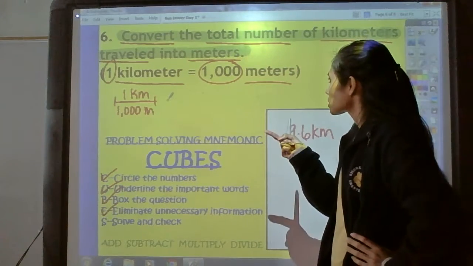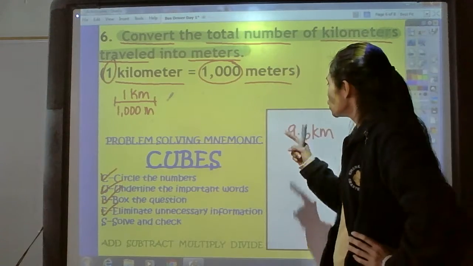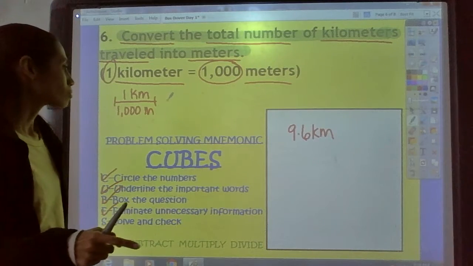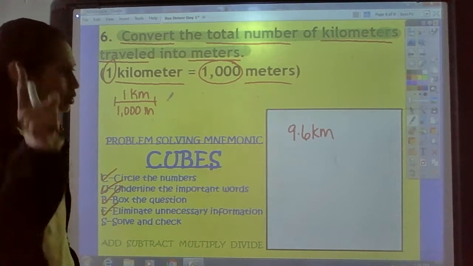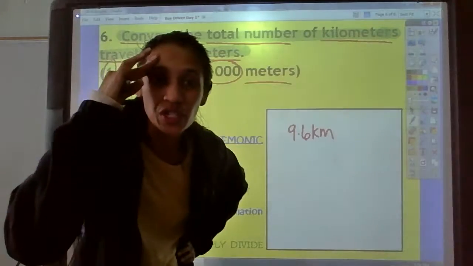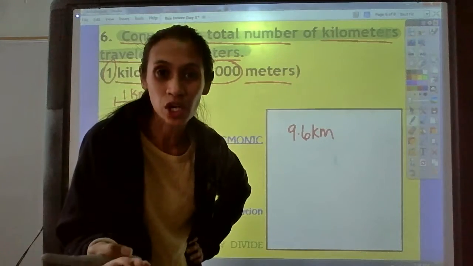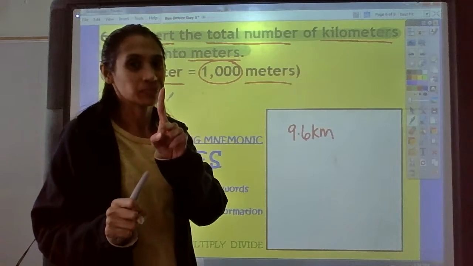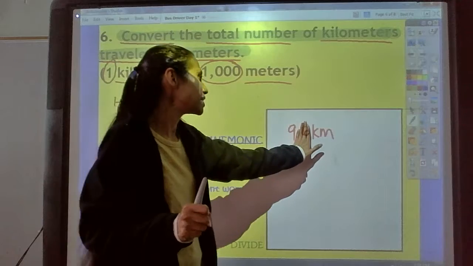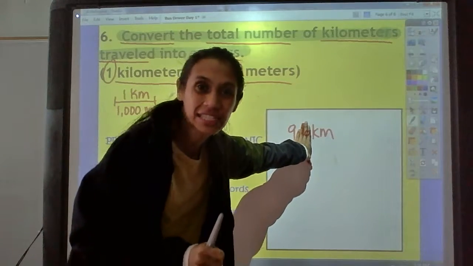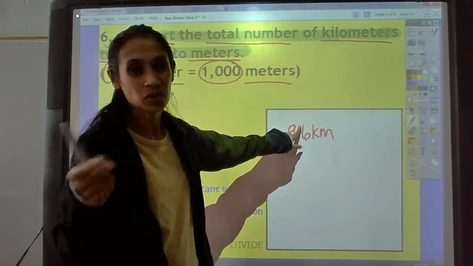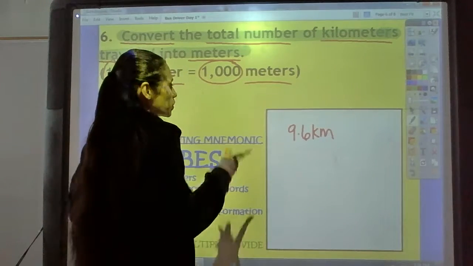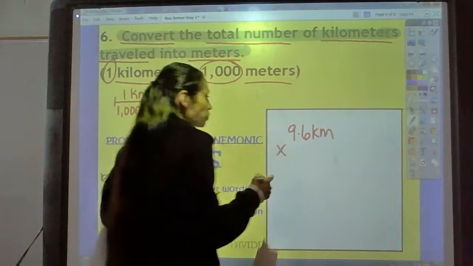Well, let us multiply. We're converting the kilometers into meters. For every 1 kilometer, that's 1,000. So you already know if it's just 9, that would be 9,000. That's easy. But since we have that 6/10, let's multiply the longer way, 9 6/10 times 1,000.